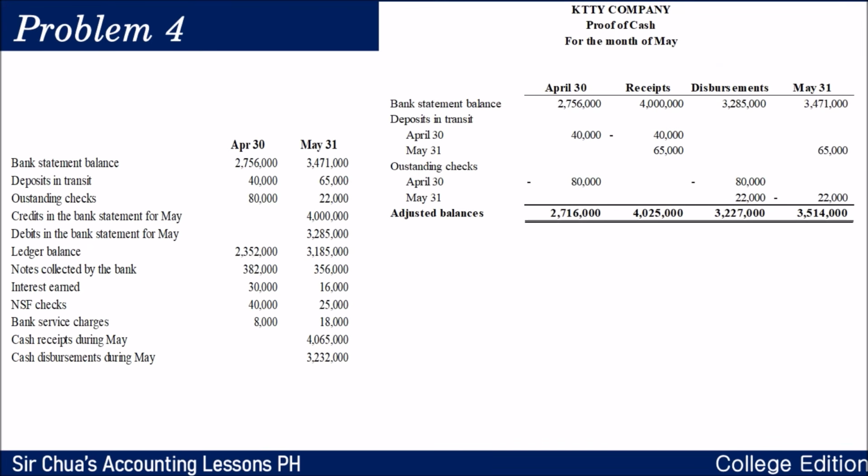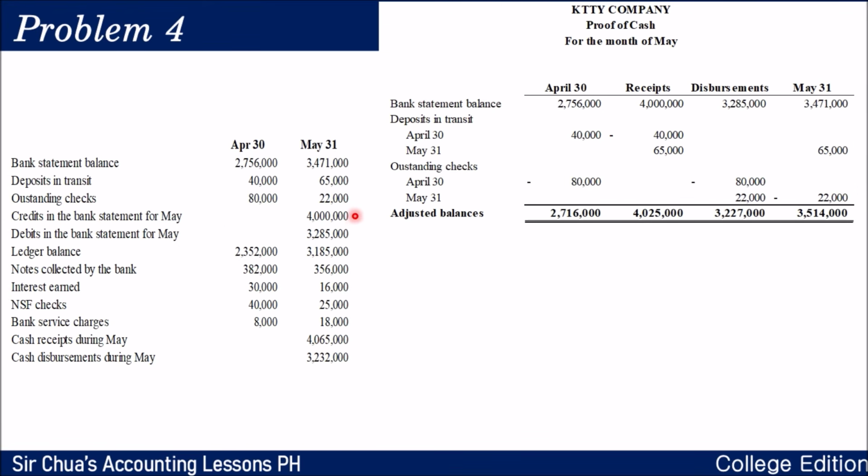Ayan. Okay. So, ganyan po ang itsura ng proof of cash. 4 columns na po siya. Sabi po dito, the bank statement balance as of April 30 is 2,756,000. And then on May 31, it's 3,471,000. Credits in the bank statement for May is 4 million.